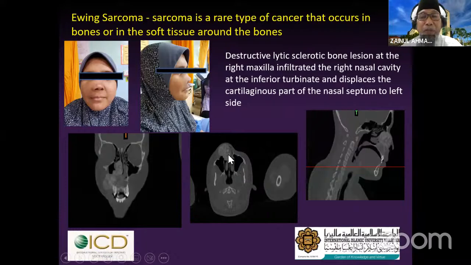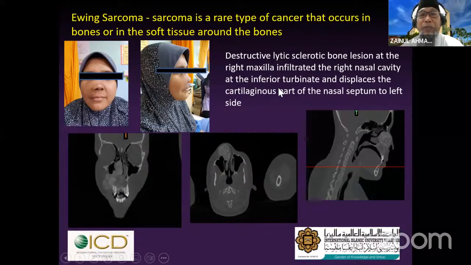You can also see from the axial view the extent of this tumor, and also from the sagittal view. There is a destructive lytic sclerotic bone lesion at the right maxilla, infiltrating the right nasal cavity at the inferior turbinate and displacing the cartilaginous part of the nasal septum to the left side. So you can see there is some deviation of the nose of this patient toward the left.